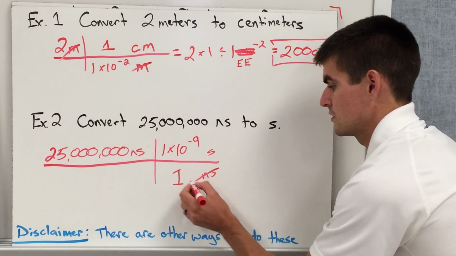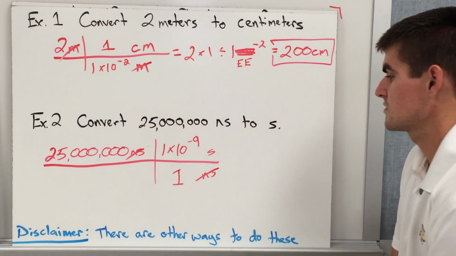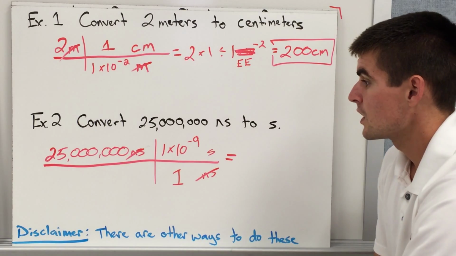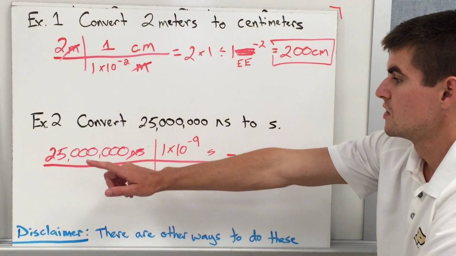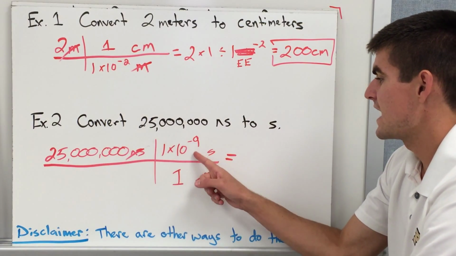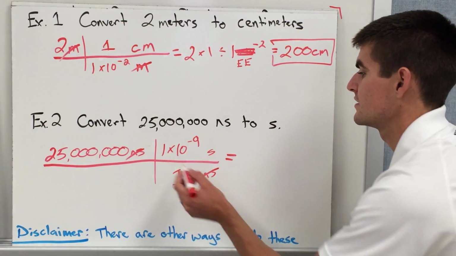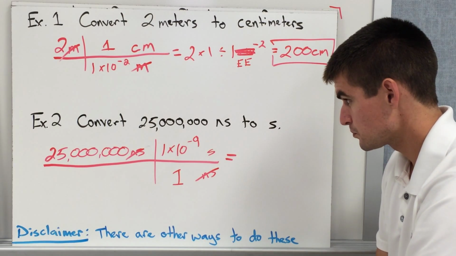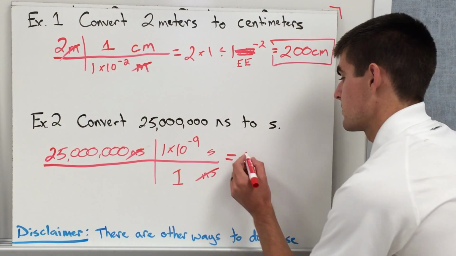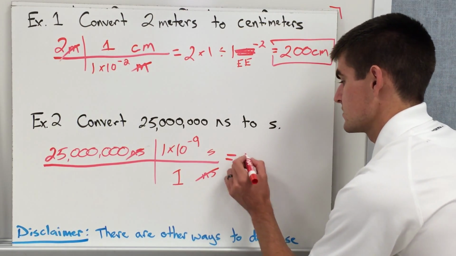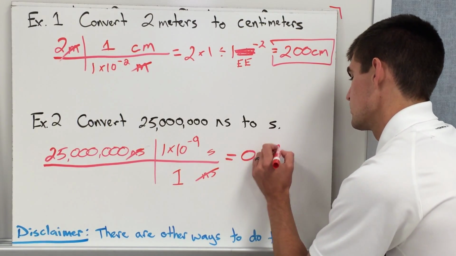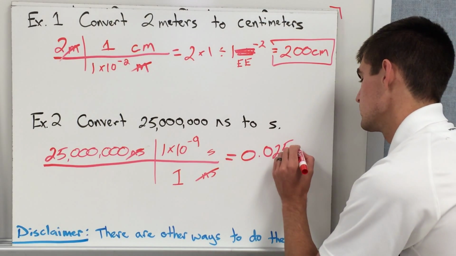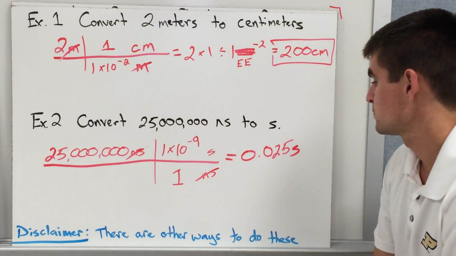If we look, nanoseconds cancel. Our answer is in seconds, just like what it's asking for. Plug this into your calculator: 25 million times 1, and again hit that EE button, to the negative 9th. What this ends up coming out as is 0.025 with a label seconds.